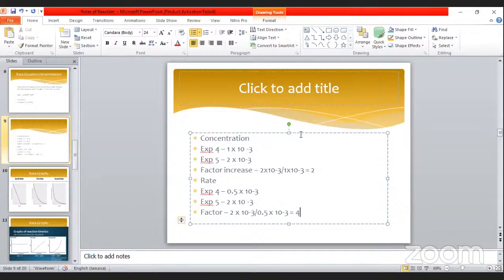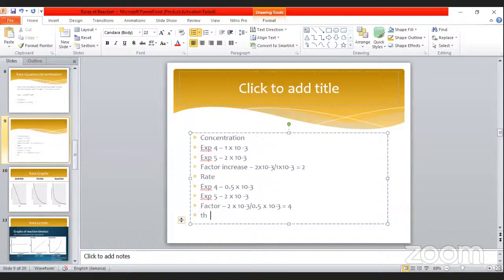All right? And therefore, the order is going to be 4 divided by 2, which is equal to 2, which gives me my second order. Romain, is that any clearer?